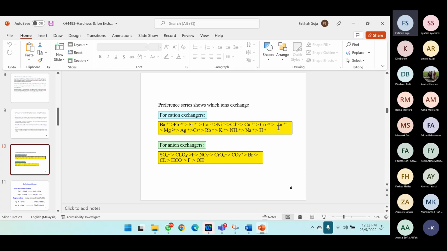So usually your water hardness is due to magnesium, calcium, strontium. Let's say you want to remove strontium carbonate, strontium hydroxide. So you need to use either plumbum or barium, because the strong one will replace the less strong cation.